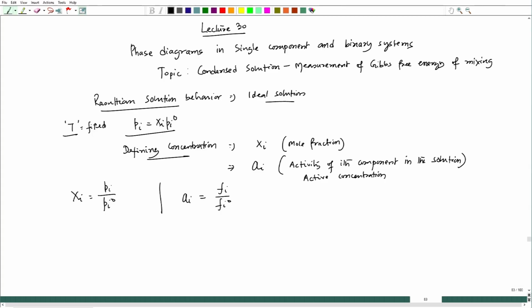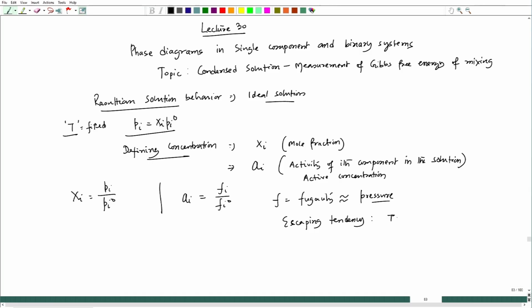Instead of pressure, Ai equals Fi divided by Fi naught, just as Xi is nothing but Pi divided by Pi naught, fine. Now, what is the difference? This F is basically called fugacity, and this is actually having a similar behavior with reference to pressure. For example, when we started discussing chemical potential, we talked about escaping tendency.